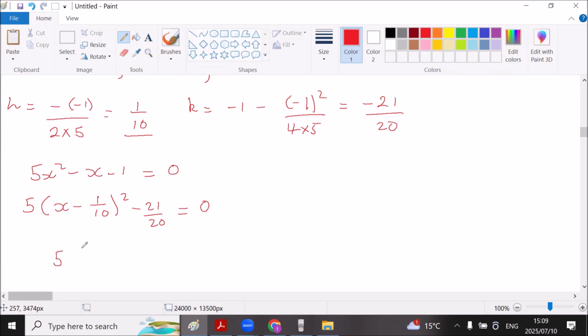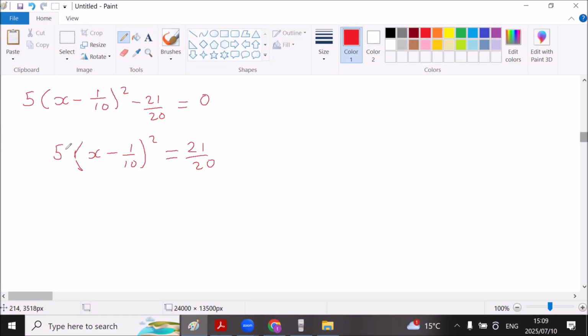We have 5 bracket x minus 1 over 10 squared is equal to 21 over 20. We divide by this 5 there. It will be x minus 1 over 10 squared being equal to 5 times 20, 100. So we'll have 21 over 100.